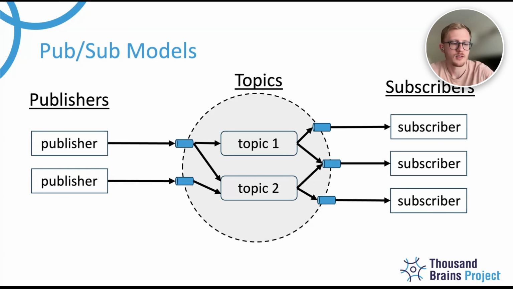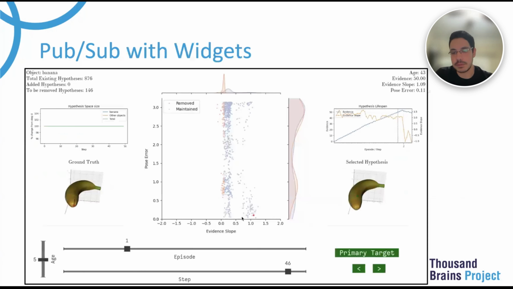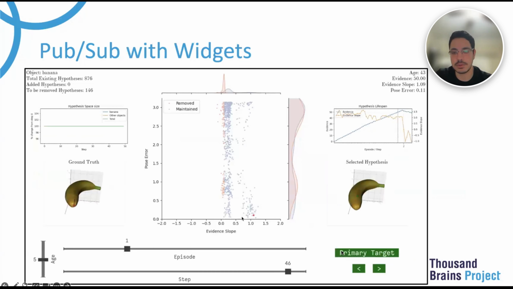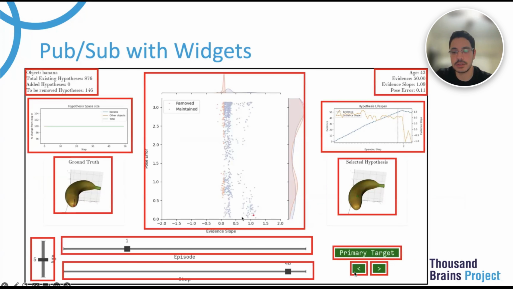Yeah, no, that's interesting. But I can also have multiple widgets publishing the same topic. Just like here, for example, I have the primary target and then these arrows. These are three different buttons, but they're really changing the same topic called current object, which is which hypothesis space are we looking at?